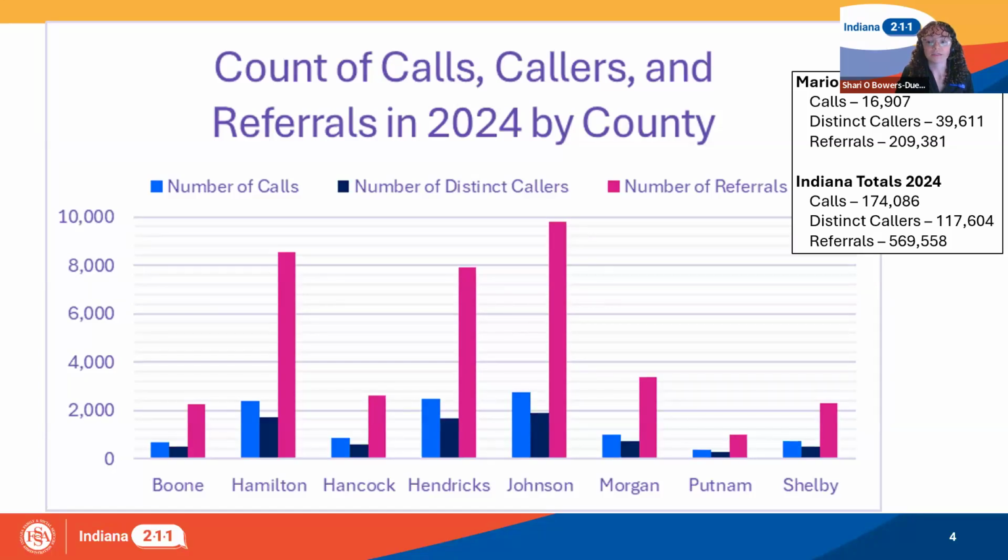And for reference, the entire state of Indiana in 2024 received over 174,000 calls for over 117,000 distinct callers and made almost 570,000 referrals. So Marion County alone makes up over 33% of those total callers and referrals, and then about 10% of the total calls for the state.